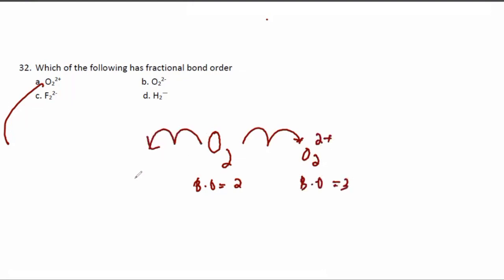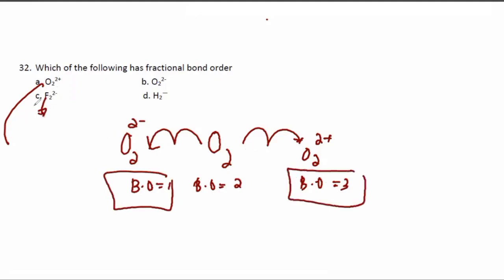If it becomes O2 2-, the bond order becomes 1. And we know that for a fractional bond order, the total number of electrons will be odd. So in this O2 2- and O2 2+, the bond order is a perfect whole number.